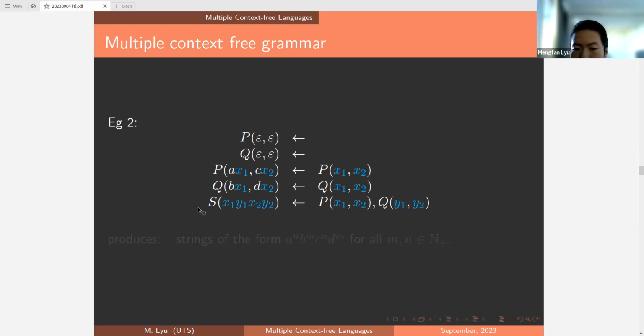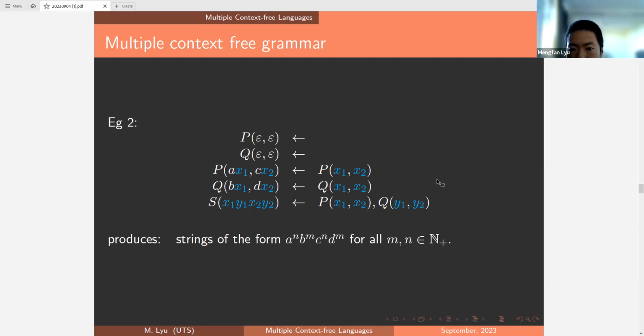There are two rules. The last rule is just to multiply them up. And in this way, we will define a language which also consists of a, b, c, d, but the powers of a and c are the same, and the powers of b and d are the same. So that is another example of how to define a multiple context-free language.